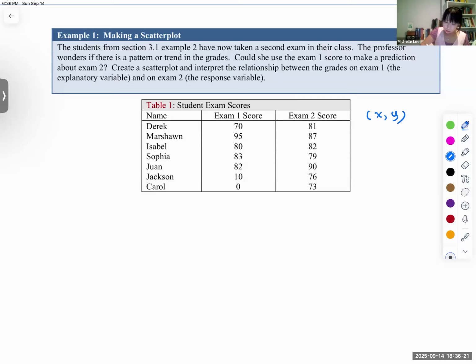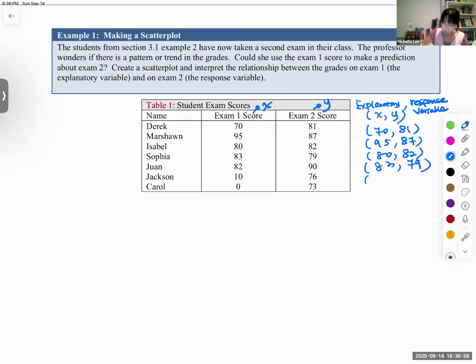The data are 70 and 81, 95 and 87, 80 and 82, 83 and 79, 82 and 90, 76 and 73.